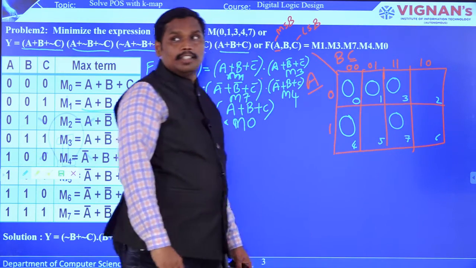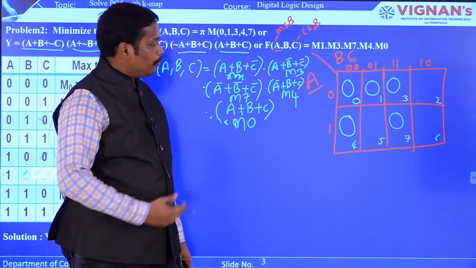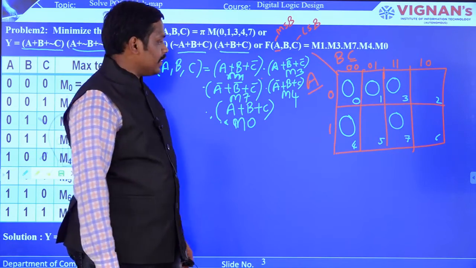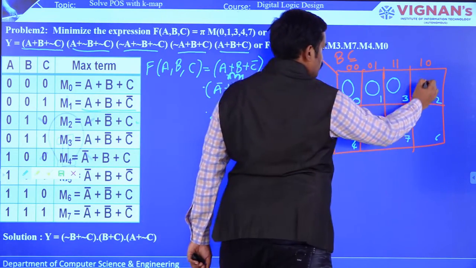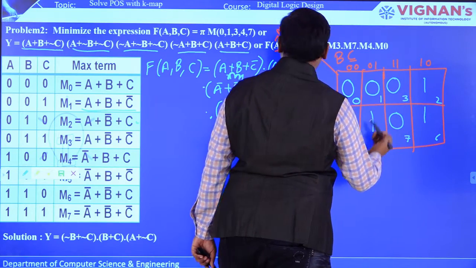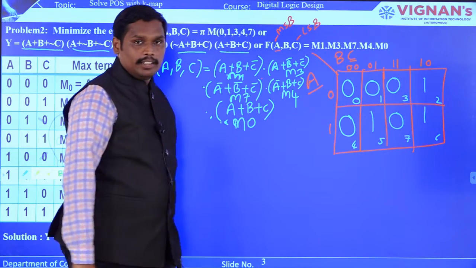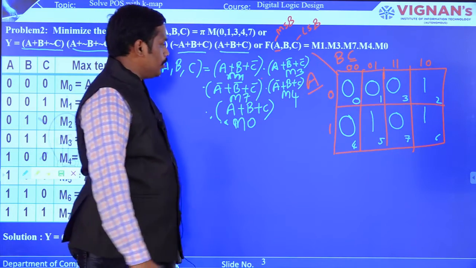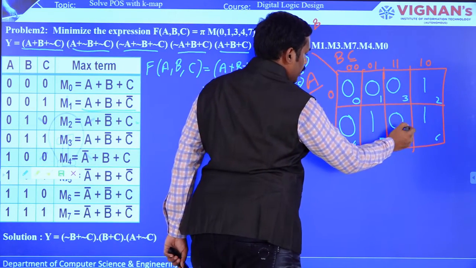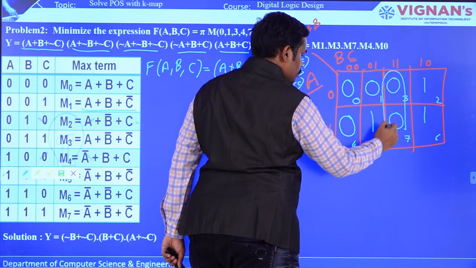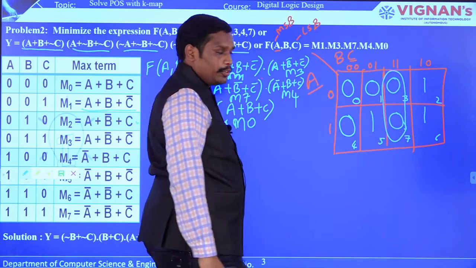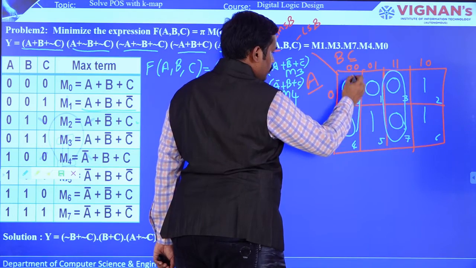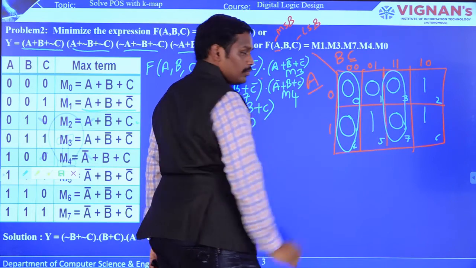0, right? So since it is a POS form, we have filled it with zeros, and the rest of the cells we have to fill with 1. Okay, is it clear? So now you have to group them with zeros. So you can see here the grouping can be done. This is one pair of zeros, and this can be one pair of zeros, right?